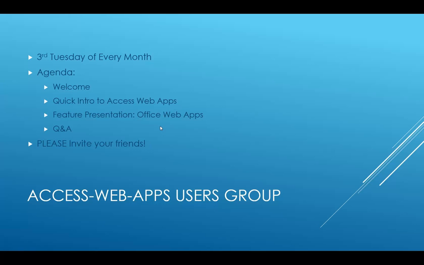So just a little intro of me. My name is Andy Tabis. I've been developing Access databases since '94, version 2.0, so I've been doing it for a few years. I've got a company here in Grand Rapids, Michigan, and probably 85% of our work is Access desktop client databases. We've got 3 clients now that we've built Access web apps for.